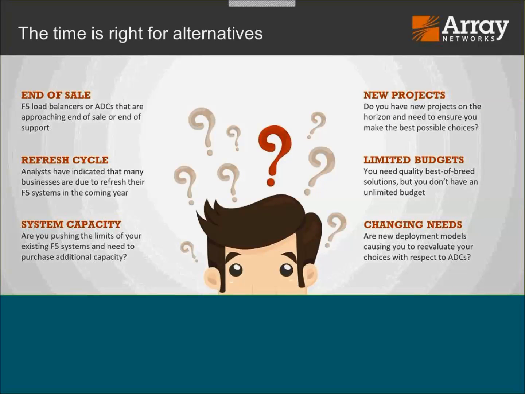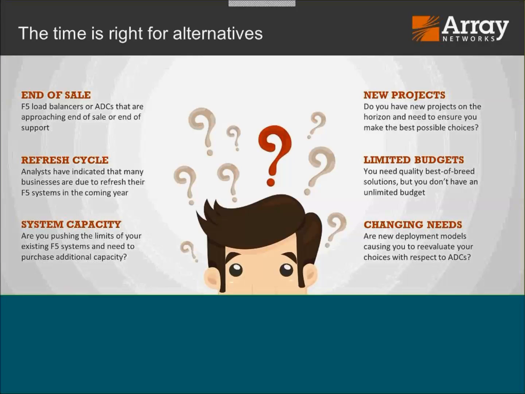A refresh cycle. The products themselves may not be end of sale or end of support, but your internal technology cycle, whether a 3-year or 4-year cycle, is approaching or within a year of refresh. Things have changed significantly in the last 4 years.